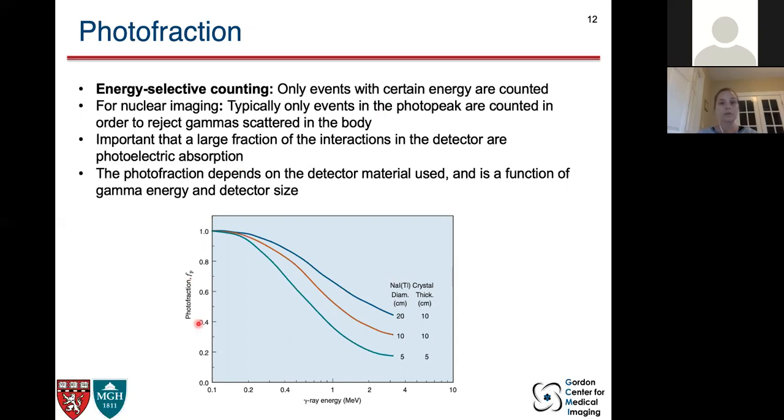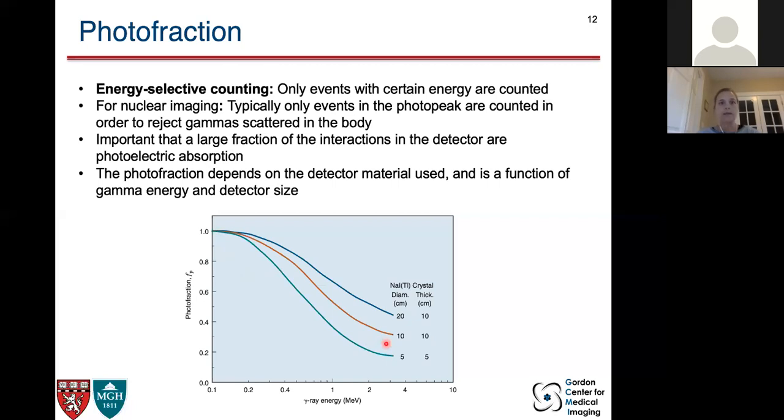So the photo fraction is basically the fraction of all interactions that is photoelectric absorption. The photo fraction depends on the detector material that you use, and it is a function of gamma energy and the detector size. If you remember from last week, we know that for a given material, the probability of photoelectric absorption will decrease with increasing gamma ray energy. We see this here in these curves.